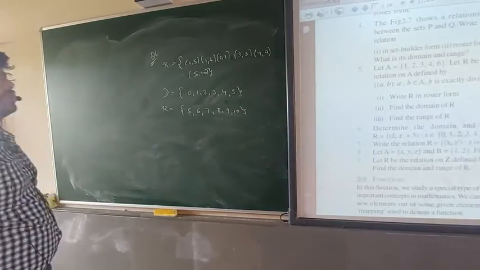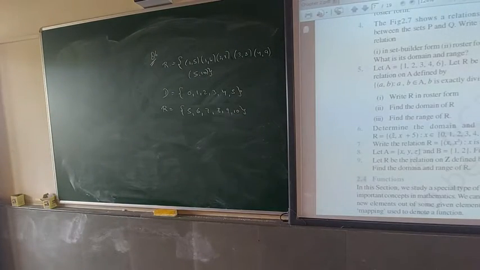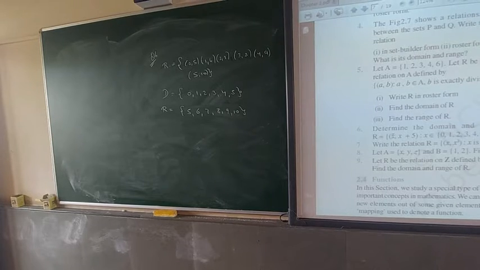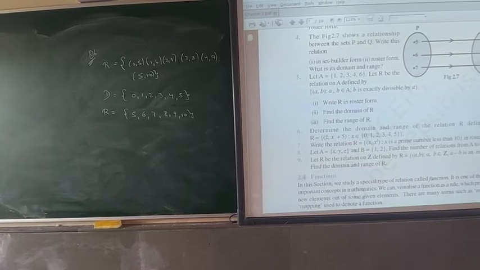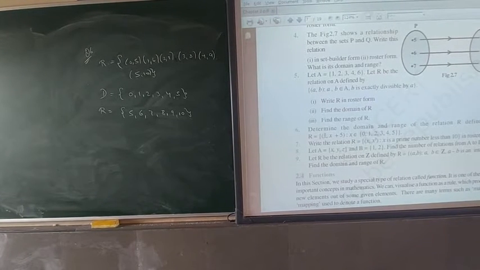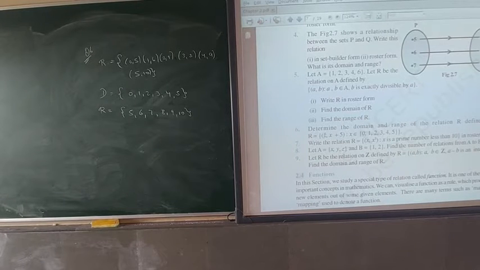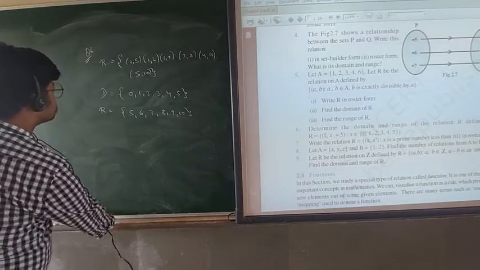That is the relation. The next question is question number 7: write the relation R = {(x, x cube)}, where x is a prime number less than 10, in roster form.